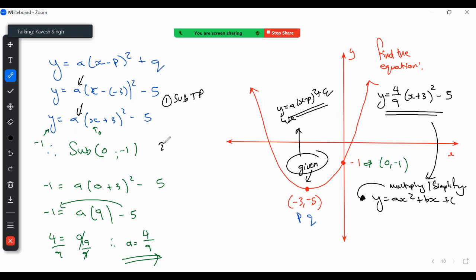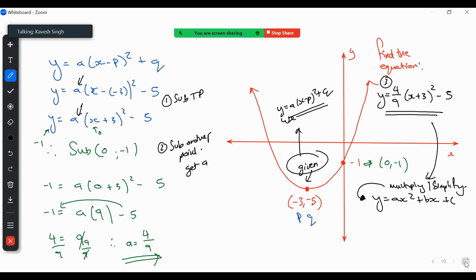Step 2, substitute another point, any other point given, and get a. And then step 3, just write the equation down.